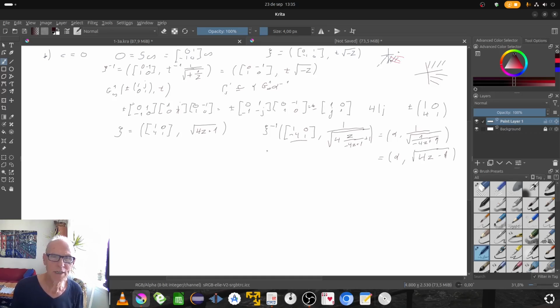So that means we can just apply, find J of this matrix point Z. Minus 4 over 1 gives, so it's unity, and then the square root of minus 4Z plus 1.